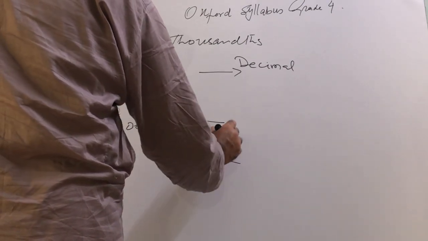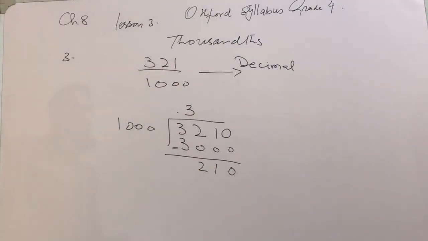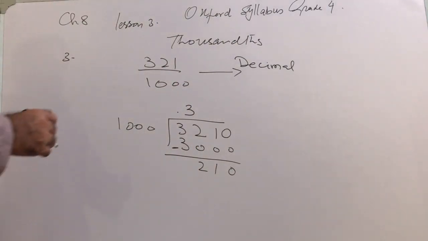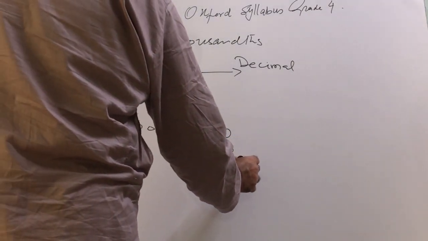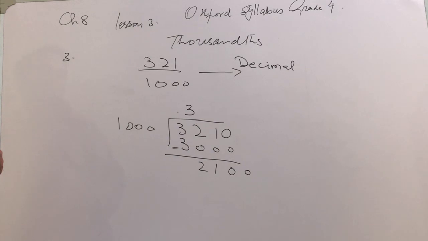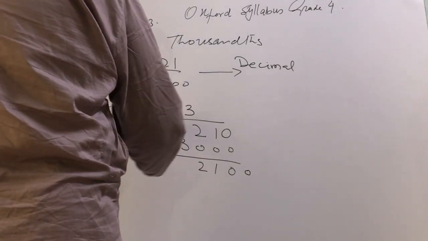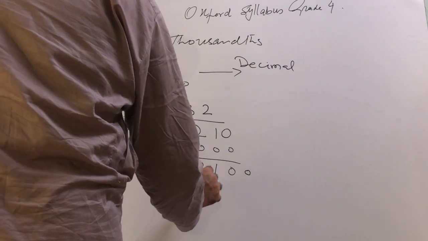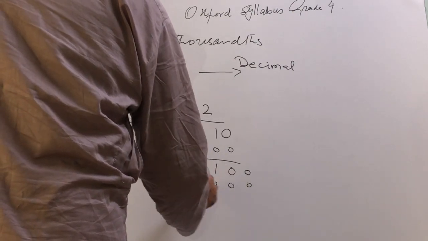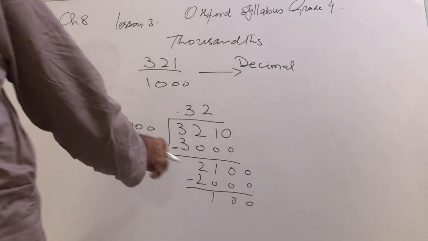When we subtract, we get 0, 1, 2. Now this 210 is smaller than this. We cannot divide. So now we need to put 0 here. But we cannot put anything here because in the beginning we put the decimal point. 1000 twos are 2000. So this 100 is smaller than 1000.